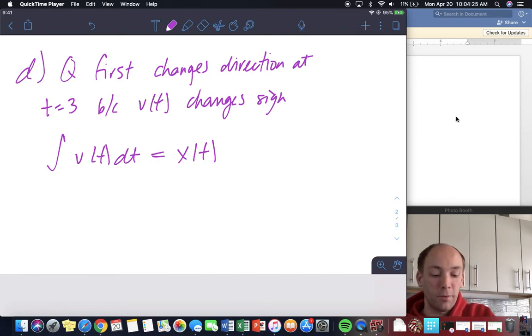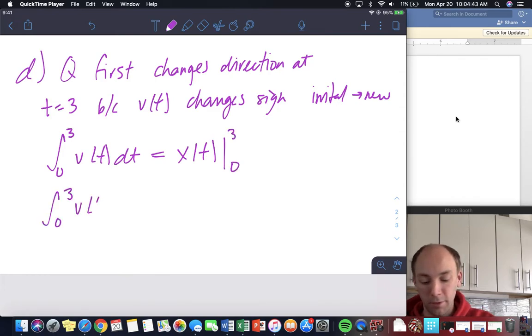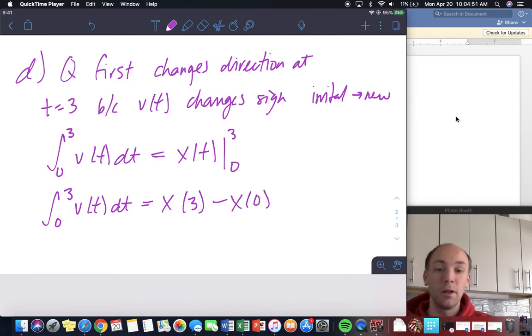And I'm going to go from the initial time, t equals 0, to the new time, t equals 3. So I'm going to evaluate the position from 0 to 3. So the integral from 0 to 3 of the velocity is the position at 3 minus the position at 0.